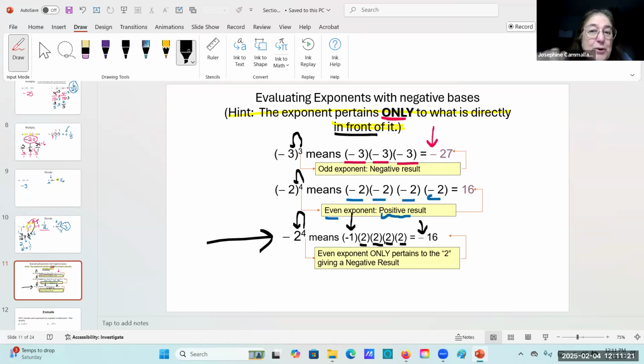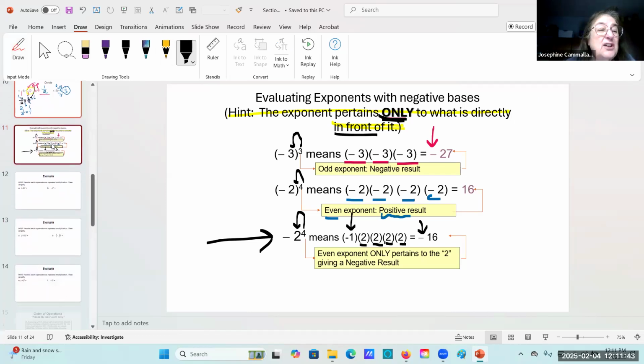The exponent pertains only to what's directly in front of it. As you see, I wrote them out in repeated multiplication. You may find that writing them out always confirms the correct answer.